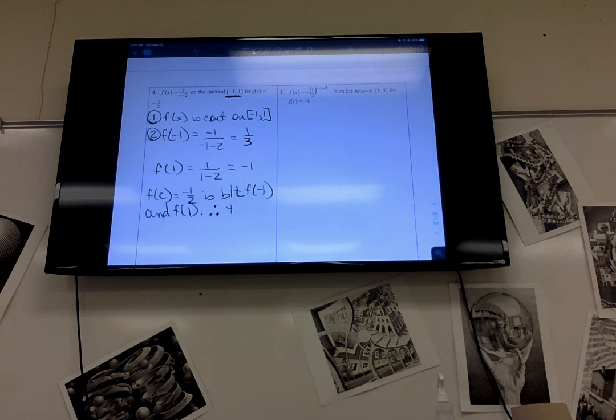Therefore, the IVT is applicable for f of x on -1 to 1.